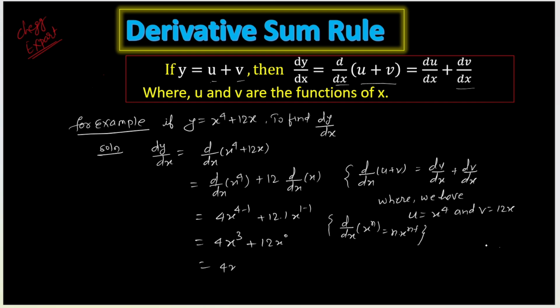So 4 into x to the power 3 plus 12, where x to the power 0 is equal to 1. Therefore dy by dx is equal to this answer.